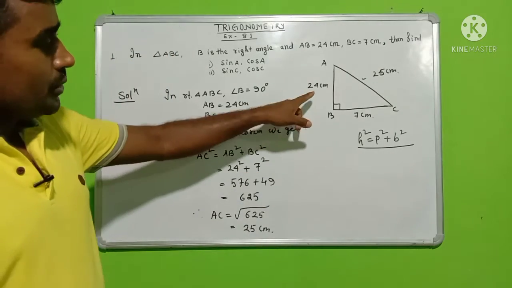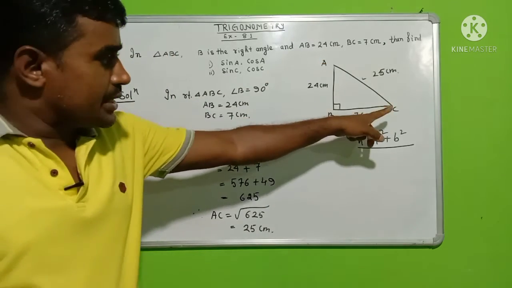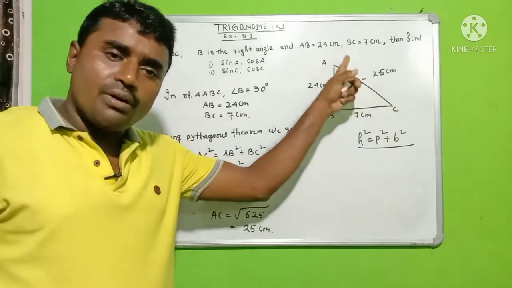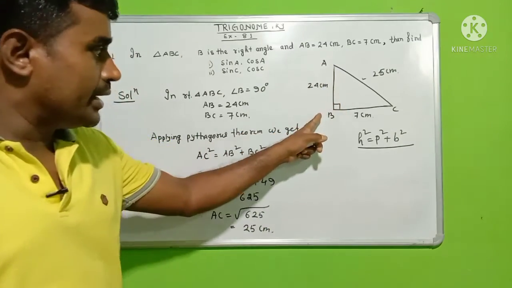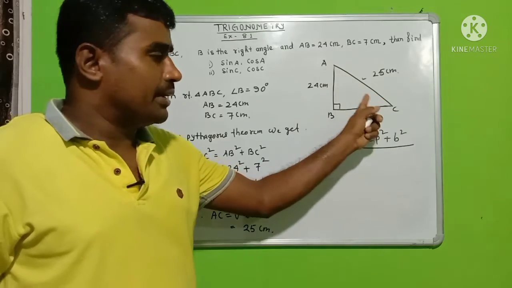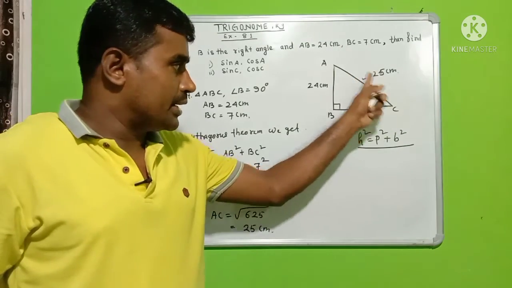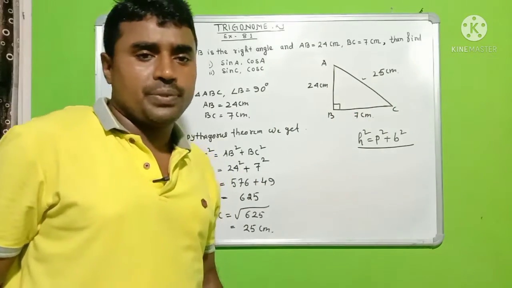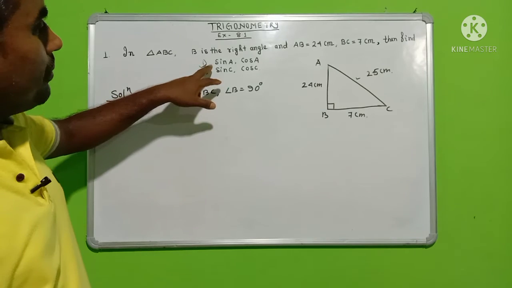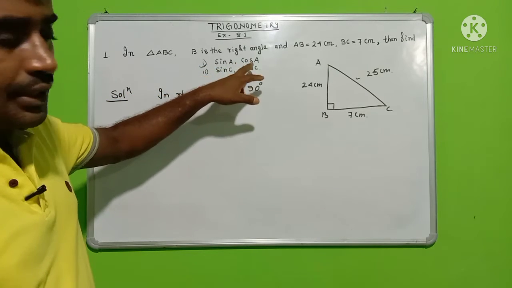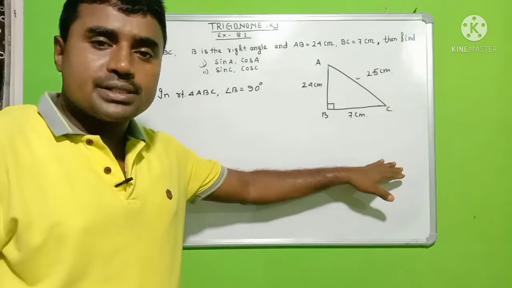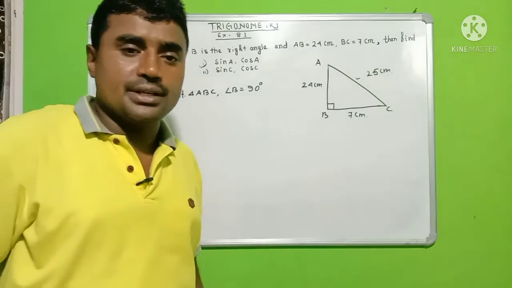Now we observe in right triangle ABC, we have found the measure of all the sides. AB and BC were already given, and with the help of Pythagoras theorem we found AC, the hypotenuse. Now in question 1, we have to find the value of sin A and cos A. That means our angle A must be on the base side of right triangle ABC.